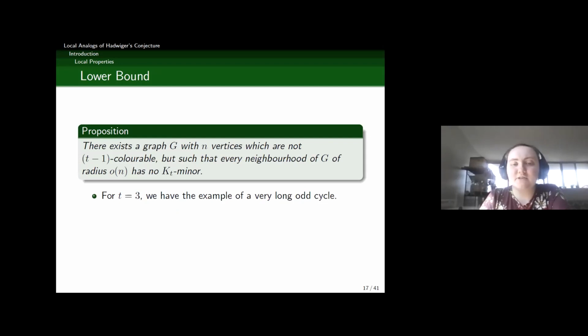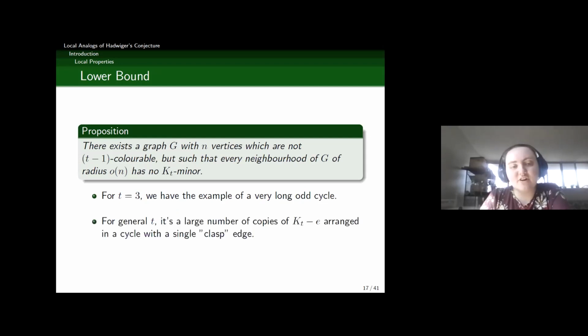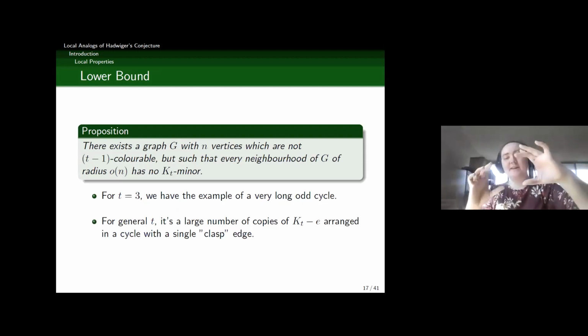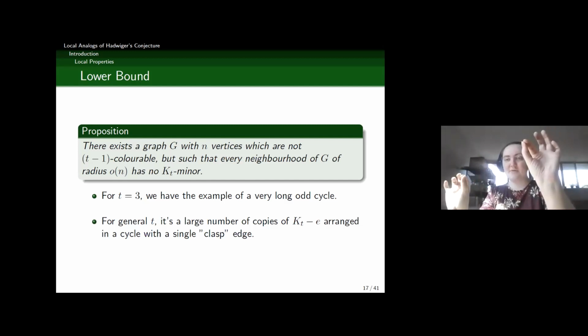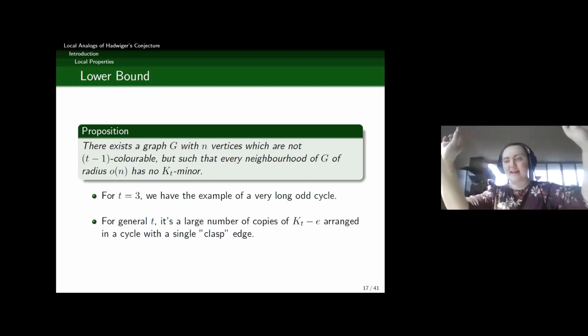For t equals 3, that's just a very long odd cycle. And then the generalized construction is a large number of copies of K_t minus e. You glue successive copies on the endpoints of the edge you removed. It's sort of a cycle, and then you have a clasp edge. So it's basically like a necklace.